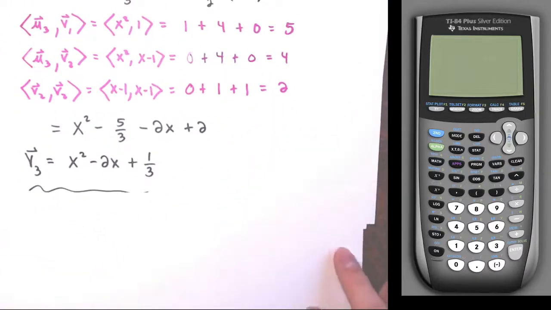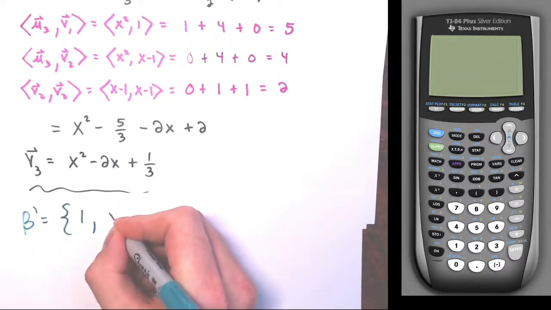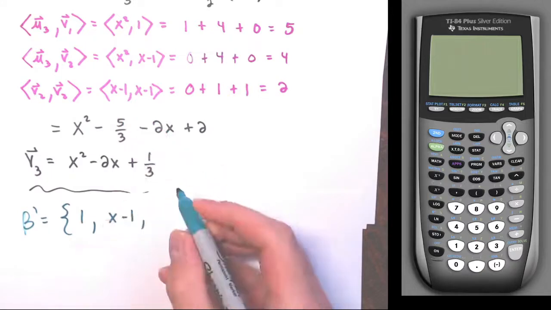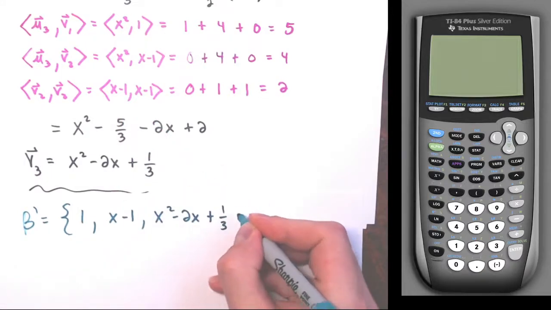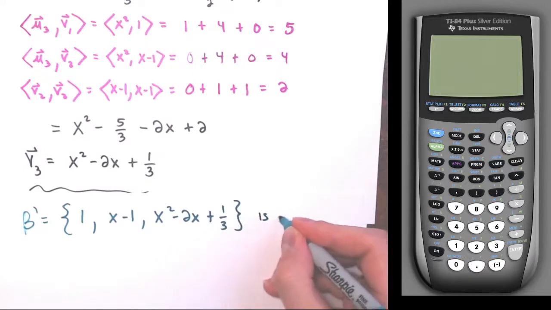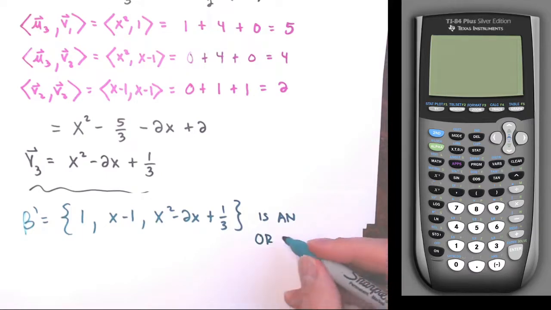Alright, so this set here, B prime equals 1, x minus 1 was v2, and x squared minus 2x plus 1/3 should be an orthonormal basis, unlike the last one.